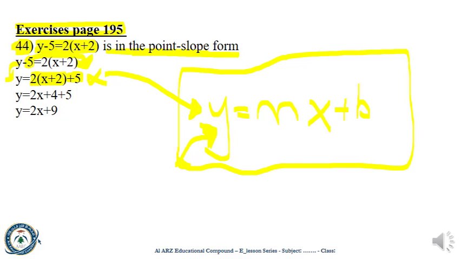So we're going to multiply 2 by x and 2. Okay? So we are expanding. Now it's 2x plus 4 plus 5. So the final form is y equal 2x plus 9, which is in the slope-intercept form. Okay?